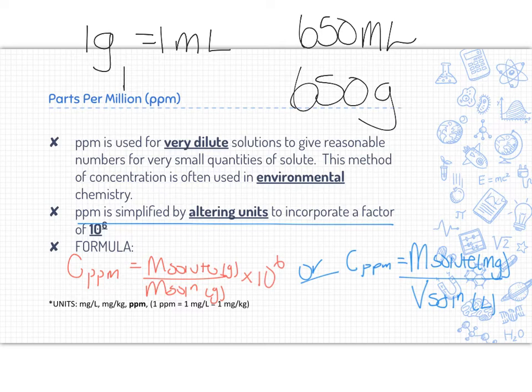And this is because this holds true for water. Okay, 1 gram of water is equal to 1 milliliter of water. And because most things are in aqueous solution, meaning they're dissolved in water, we can use water's characteristics to define that. So that's how you can get from volume to a mass in this equation.